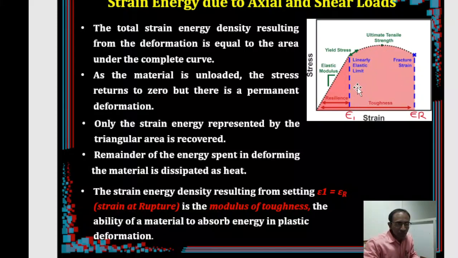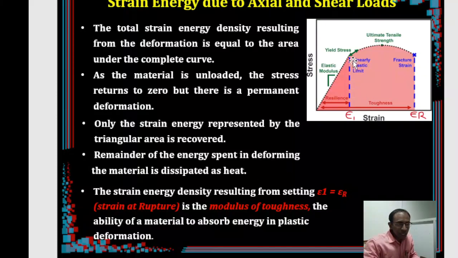It stays in the plastic region until the fracture, until the rupture happens. So the strain energy density resulting from epsilon 1 to epsilon r, the strain up to the rupture, is what we call that strain energy density.